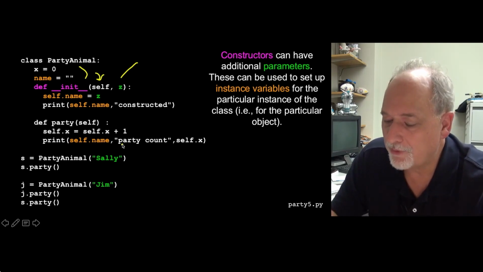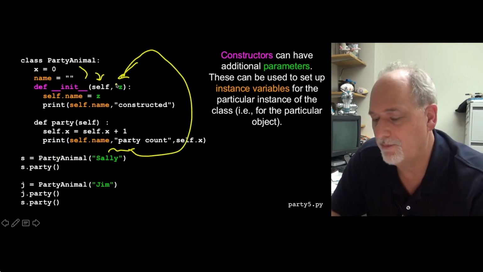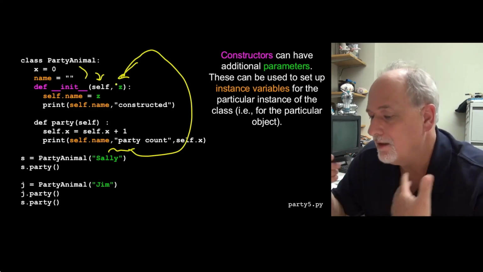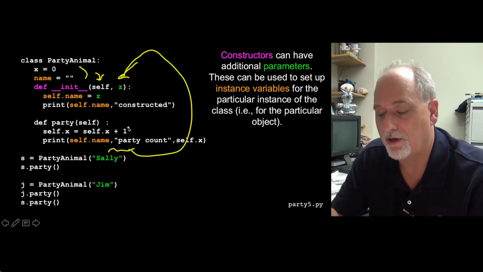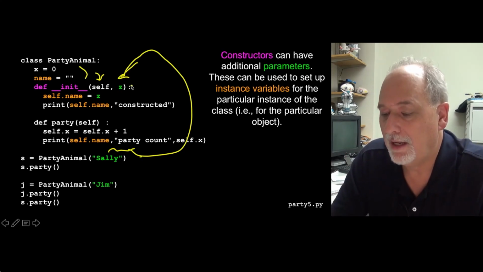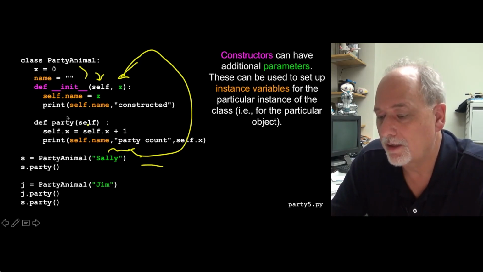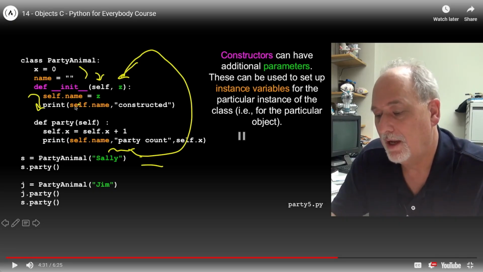But if we put a parameter on the constructor call, which is this PartyAnimal call, then this comes in as the z variable. So self is the object itself, and z, this first parameter, is whatever parameter we put here. Everything we've done so far has no parameter here, but now we have a parameter here. That means that when we call this constructor, this line of code runs, and then name is no longer blank. Name is going to be Sally in this particular case.